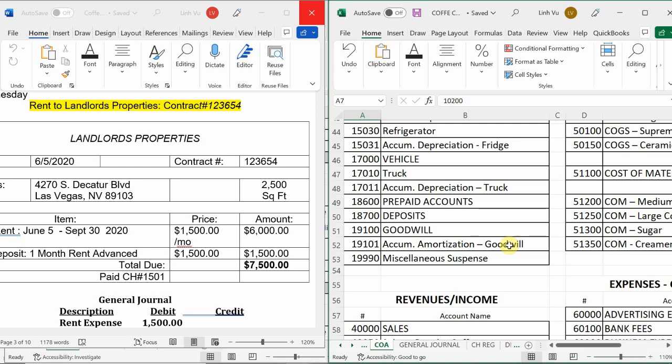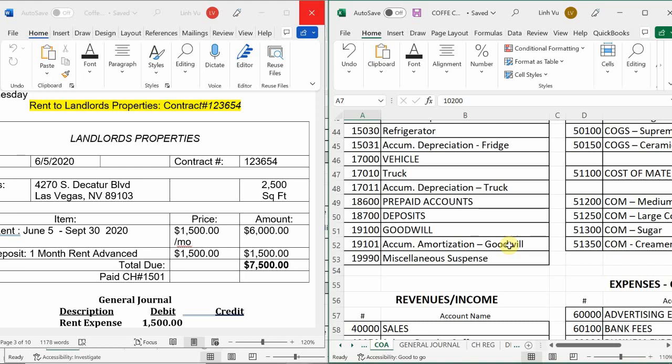So take a look at your chart of accounts. What would you categorize this rent deposit as?